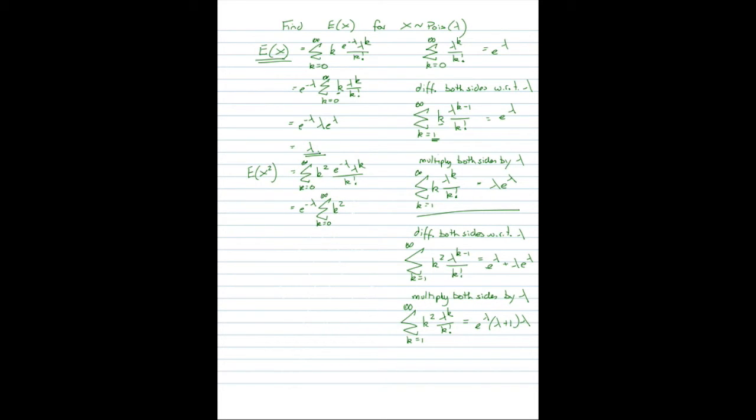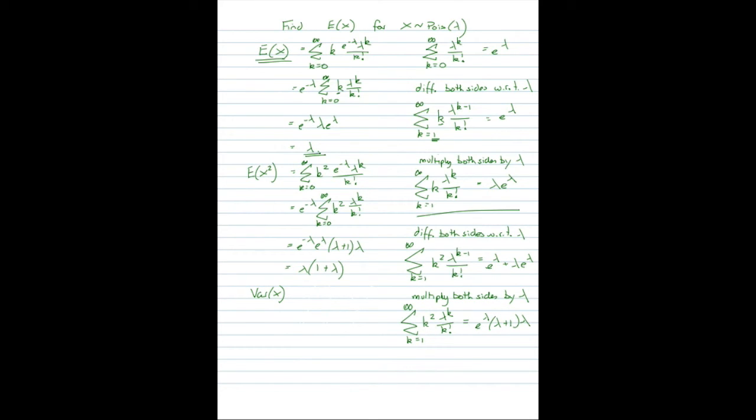And then we end up with a term that should look familiar from our other manipulations: the sum of k squared, lambda to the k divided by k factorial. We recognise that and fill in the details: e to the minus lambda, e to the lambda, lambda plus 1 multiplied by lambda. So of course that tells us the expected value of x squared is just lambda plus 1 multiplied by lambda.